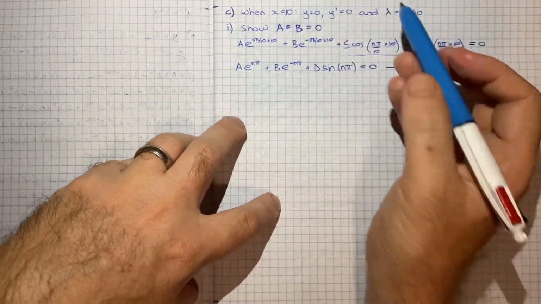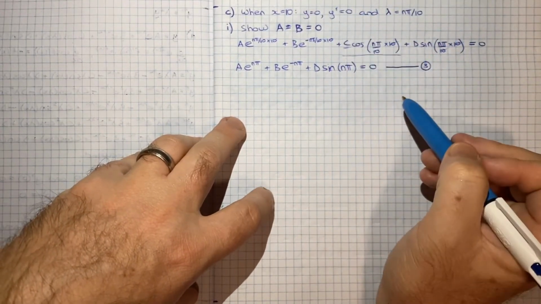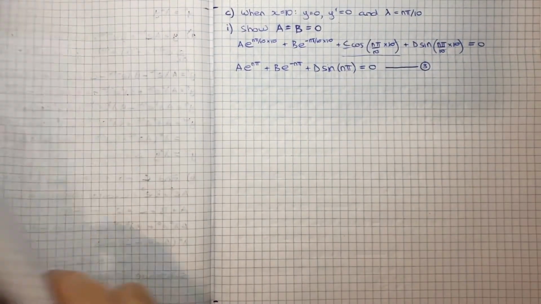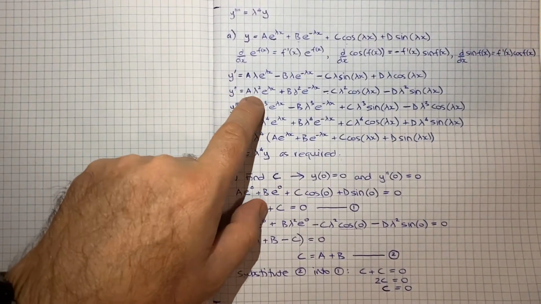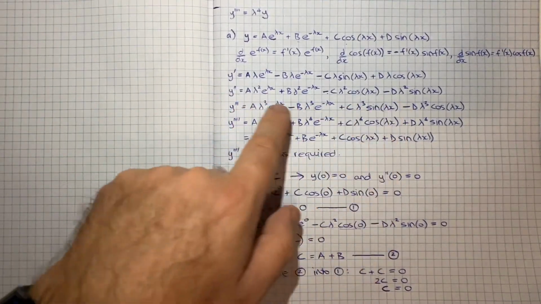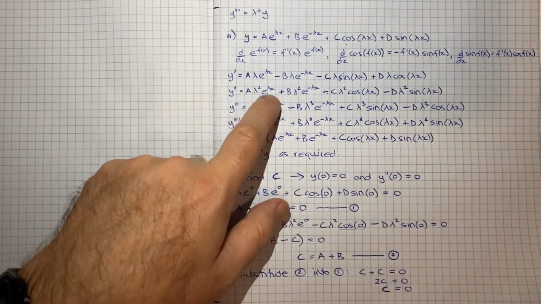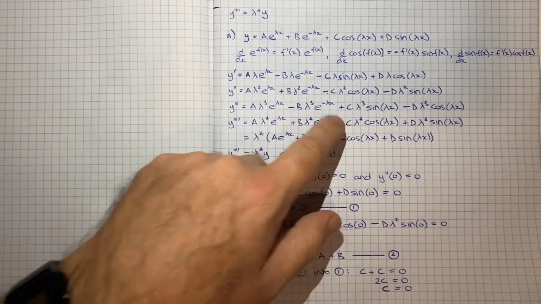And now let's see what we get when we look at y double dash. I might just leave lambda as lambda for now so that I can avoid all the complexity of squaring.